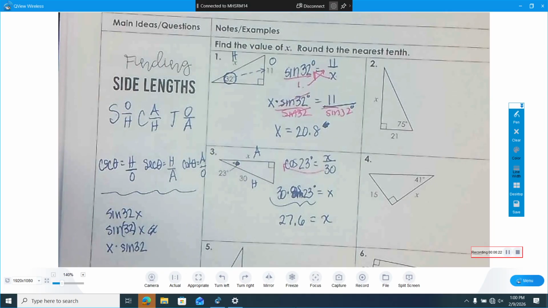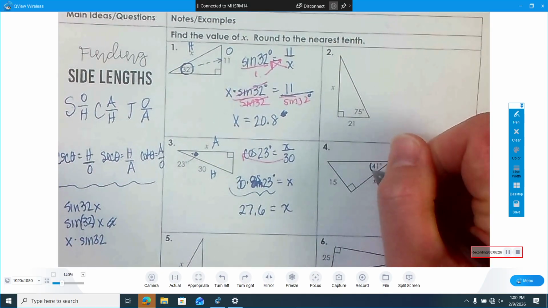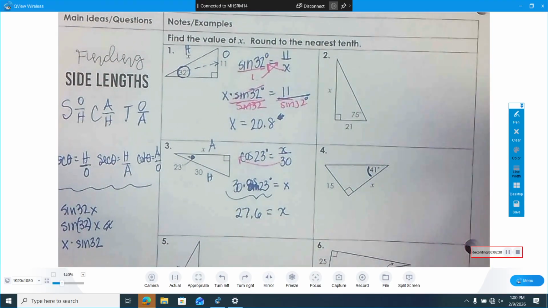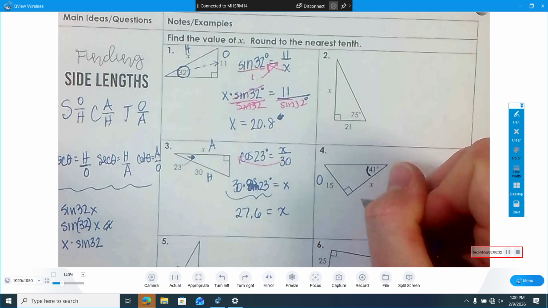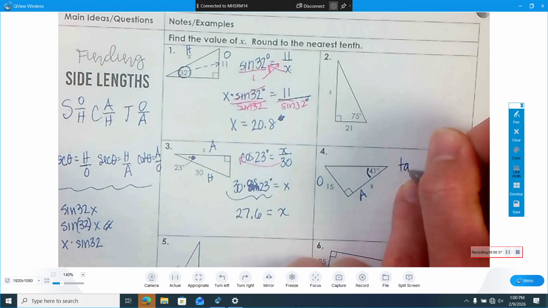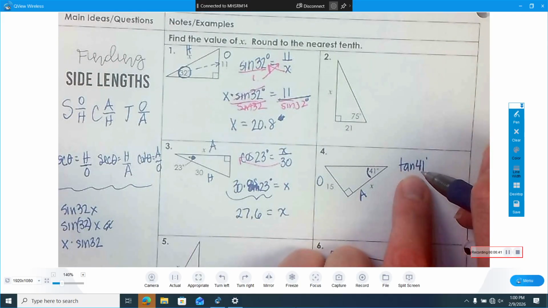Let's look at number 4. Here's our angle we're looking from. Which sides do we have info on? We have opposite and adjacent sides, so that's a tangent function. So tangent of our 41-degree angle. Remember, you can't ever use sine, cosine, or tangent without an angle. That is the most important part.